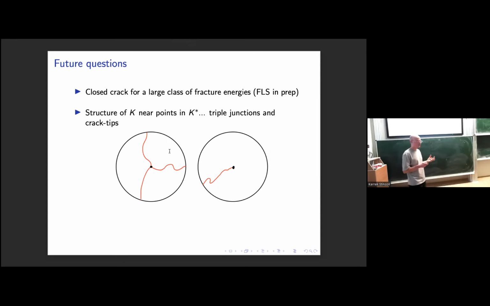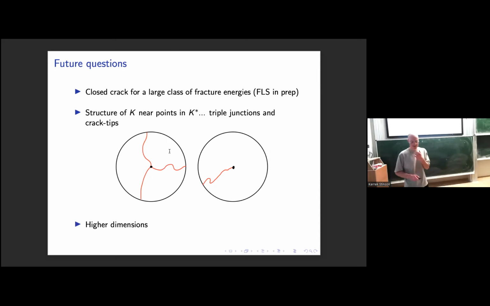There's also the question of what the crack looks like near singular points. We didn't touch this at all. We just said there are not too many singular points, but if you go off what happens in the Mumford-Shah setting, you expect triple junctions and crack tips, and nothing else.